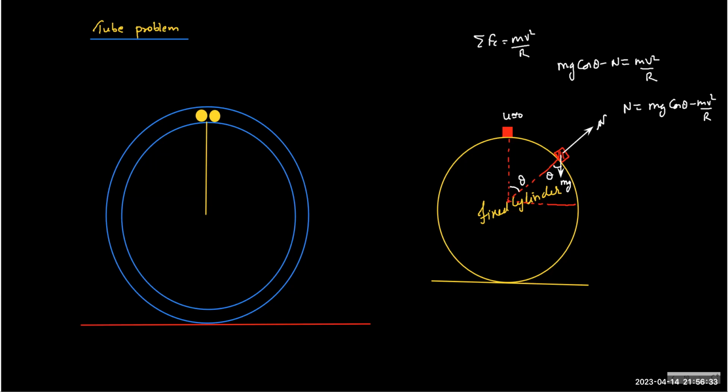Even V will increase. So the normal may become 0 somewhere, right? And it must be 0 before 90 degrees for sure. So that is when the block will leave the surface. It will fly off the surface.